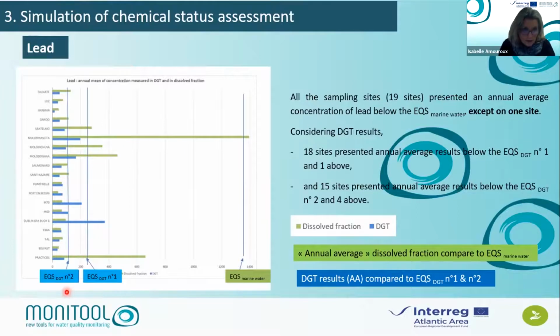And considering the EQS DGT number 2, 4 sites are above the EQS DGT number 2 value. So the choice of whether to apply DGT EQS number 1 or number 2 depends on the willingness to be more or less protective.